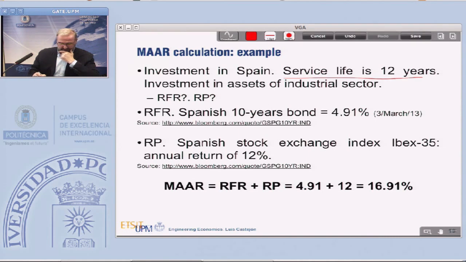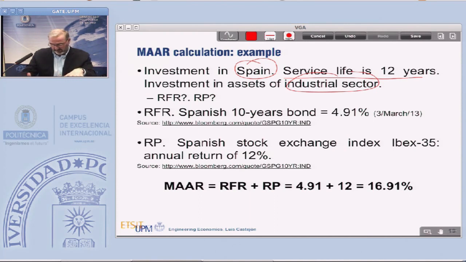Service life is 12 years, investment in Spain, industrial sector. So instead of using the IBEX 35 for the risk premium calculation, you can use the industrial IBEX 35 index, because all the stock exchanges are also decomposed in several sectors.